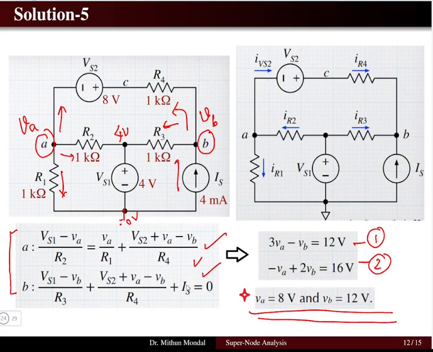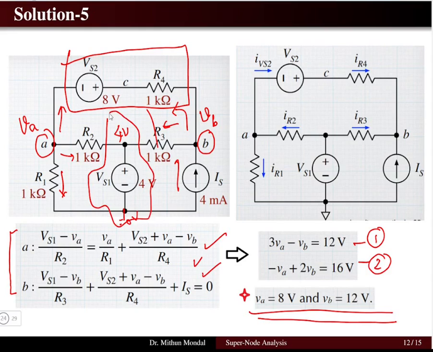The prime motive of this question is to show that if there is a resistance in series with a voltage source, then it does not form part of a supernode. Moreover, the voltage source can be present at the central node too. It is not always at the boundary.